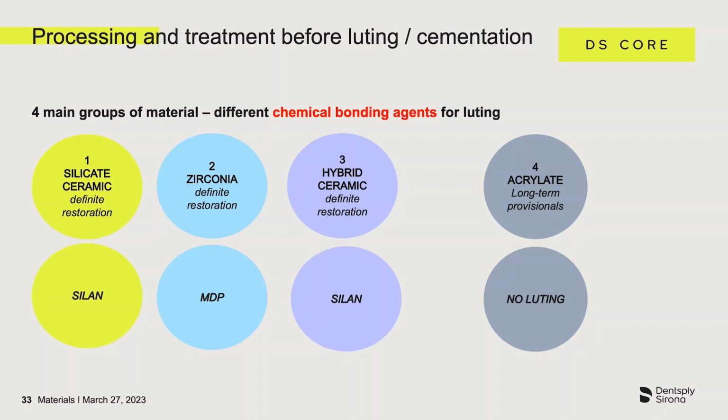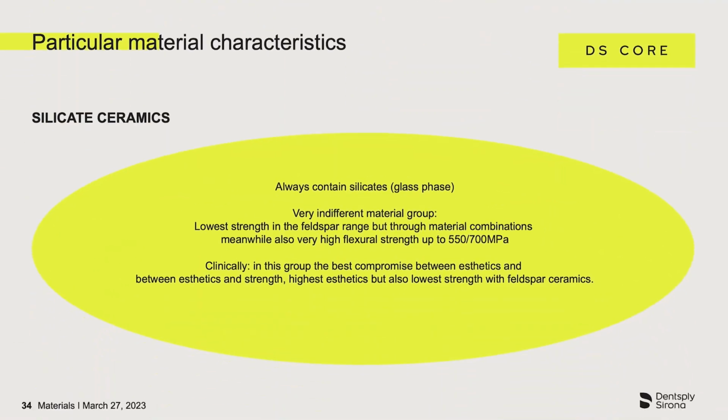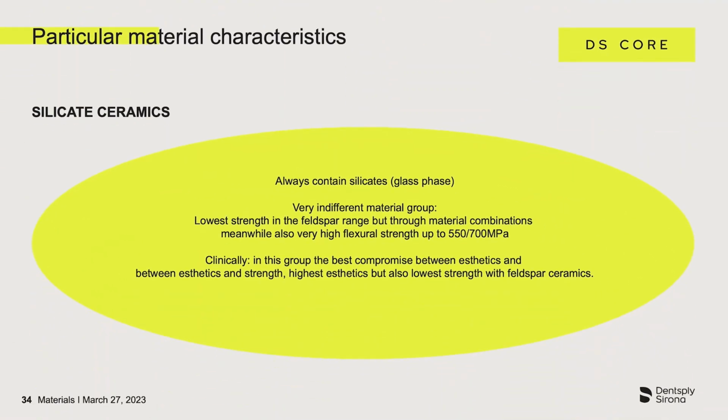Therefore, the chemical bond to the glass phase is established by silane, for zircons by MDP, for hybrid ceramics by silane, and for the acrylates there is no adhesive bonding. So that was the overview. Now we will go a little deeper into the individual groups.